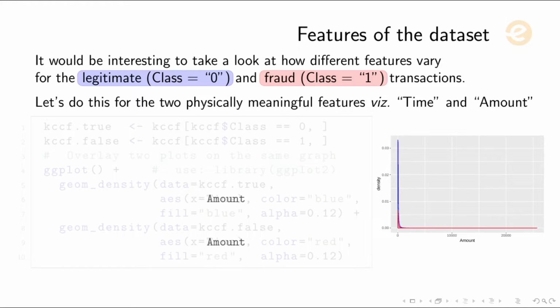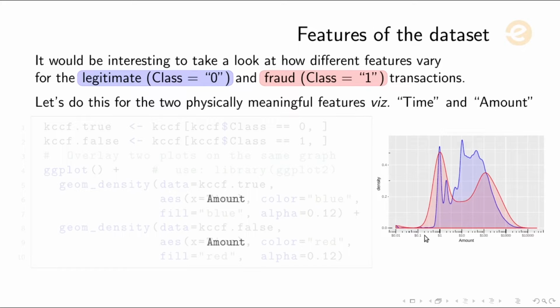So the thing that I did is that I took a logarithmic scale on the x-axis. So instead of plotting 0, 10,000, 20,000, I plotted 0, 1, 10, 100 on logarithmic scale, and that gives me a very well visualized plot. Well, there are two questions here. The first question is, how did I get that plot?